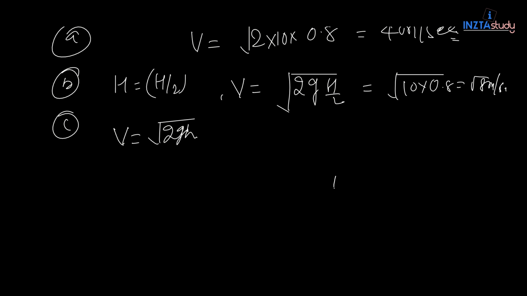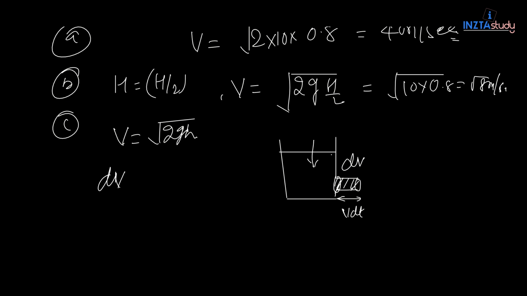Suppose this is the area, and the volume which is going to come out is equal to this area into whatever distance it is going to cover in dt time, that is v into dt. Since it is coming out, dV will be negative, so we'll put a minus sign here to make it positive.